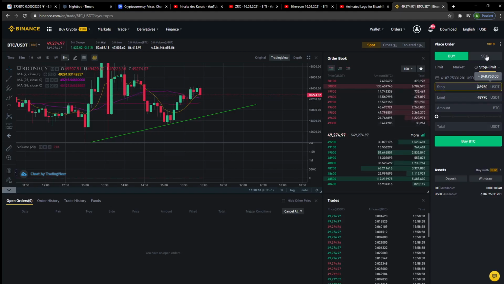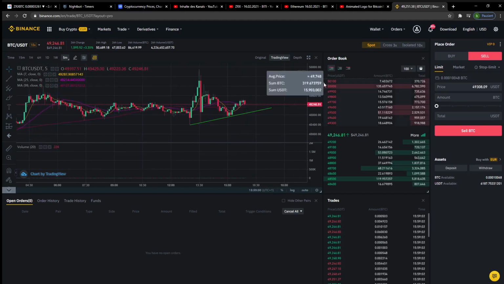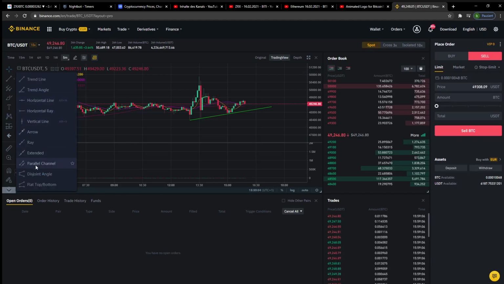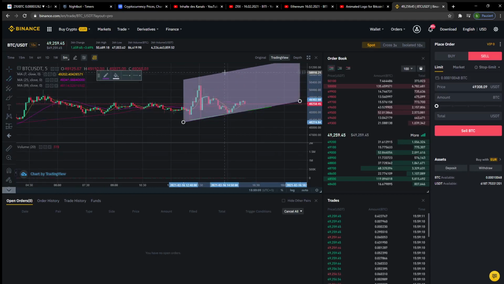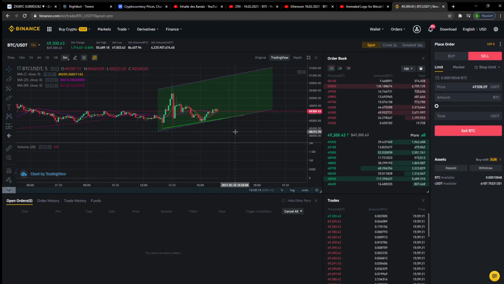If I would like to sell automatically, I will take here a parallel channel, maybe from here to the upside to this. This is a parallel channel for me. And so I would like to go to sleep. I don't like to sell here in the marketplace for now. I would like to sell if the price reaches this point here, 41,200.